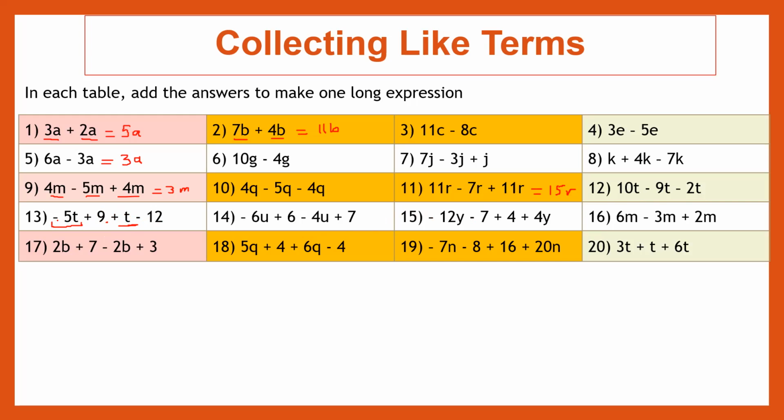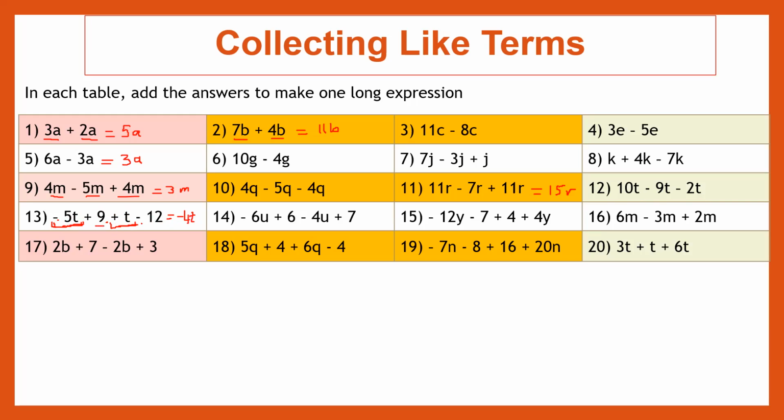Now the sign follows whatever comes after it. So don't look at this as if it's minus 5t. No, this is one term which is negative 5t. While this t here takes the sign before it, so it's positive t. So negative 5t and positive t is going to give you negative 4t.